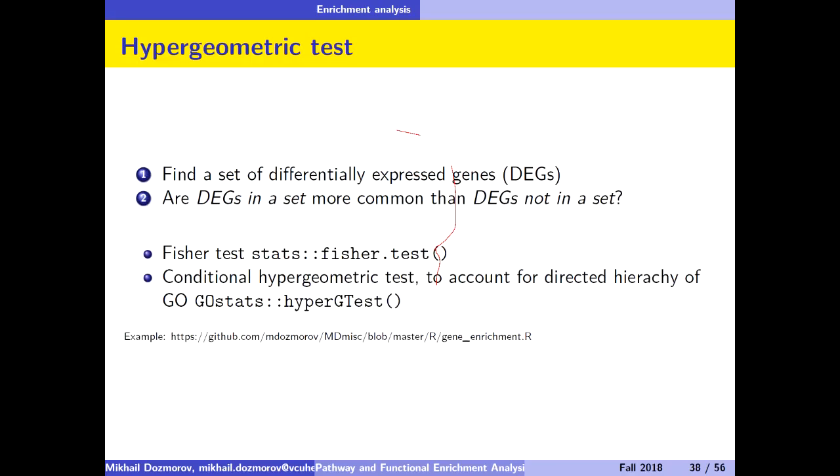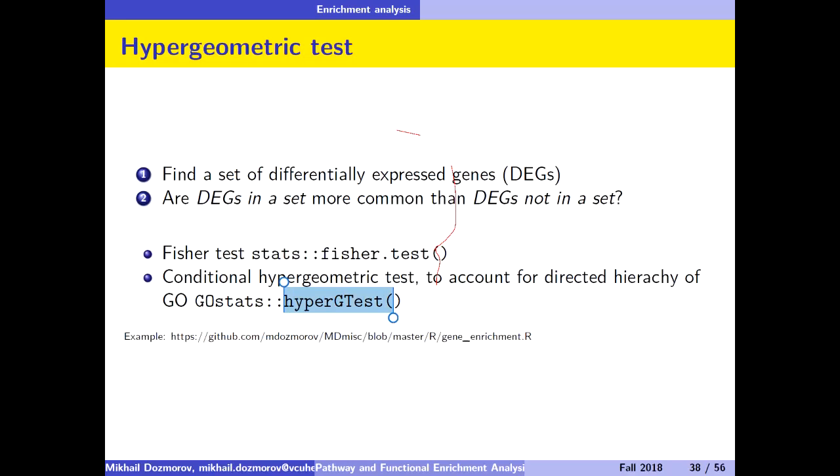You calculate this significance p-value given this 2x2 contingency table, and if you work in R, you use the function fisher.test. It's Fisher's exact test. More precisely, it would be better to use the function hyperGTest from the GOstats package.